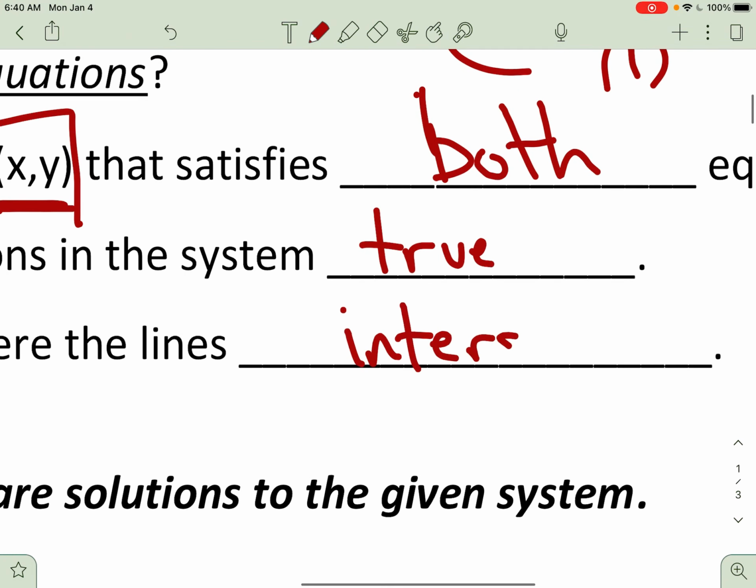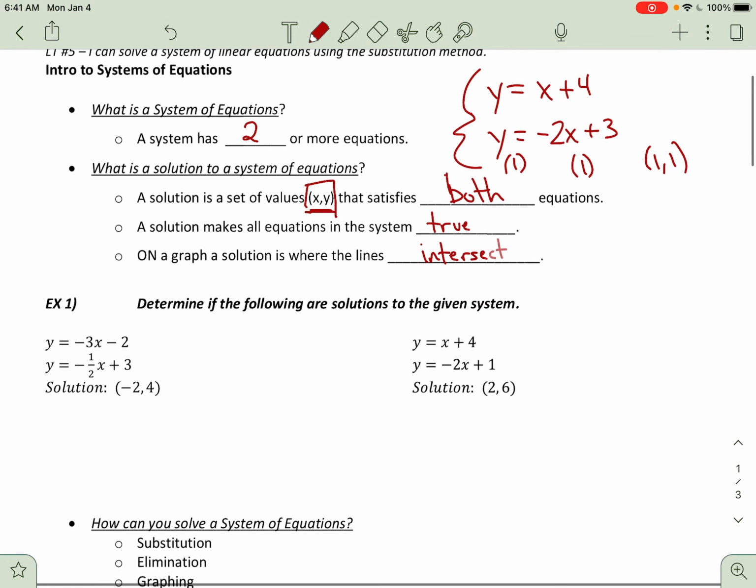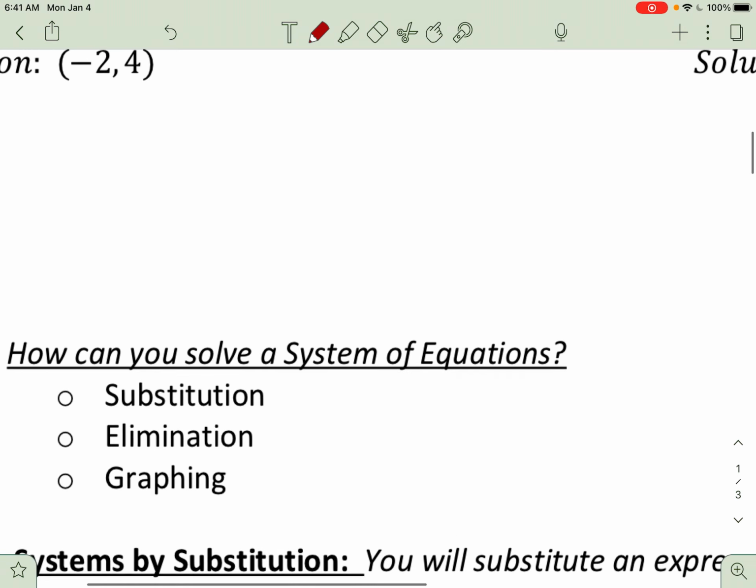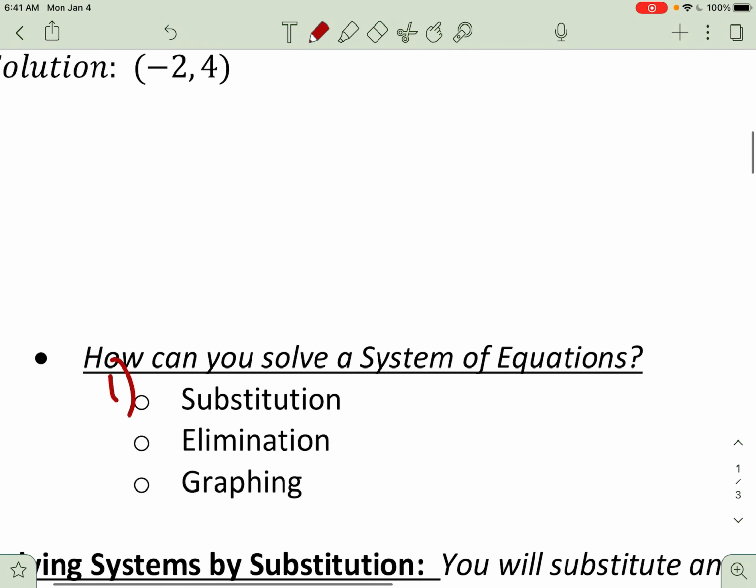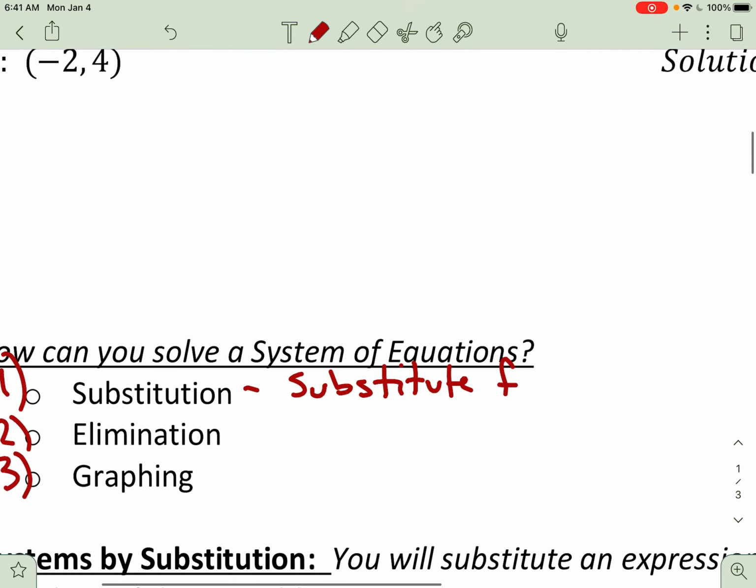Now that's important, and I'm going to jump around here a little bit, because you can solve a system of equations in 3 different ways. And it's important to understand these 3 ways. The one that we're going to talk about today is called substitution, where you substitute for a variable.